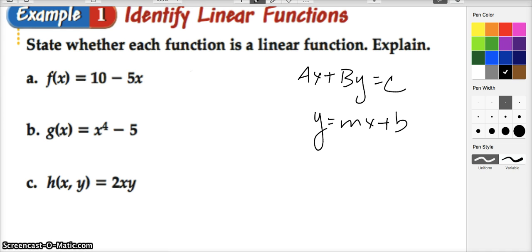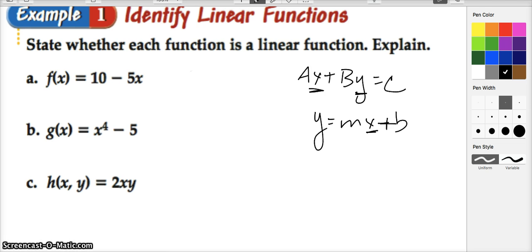So anytime you have an equation that will be in these two forms, you know automatically that it's a linear equation. There's a couple other properties of linear equations that we should note. X and y are to the first power, right? The equations themselves would be considered first degree equations. We talked a little bit about degrees last year.